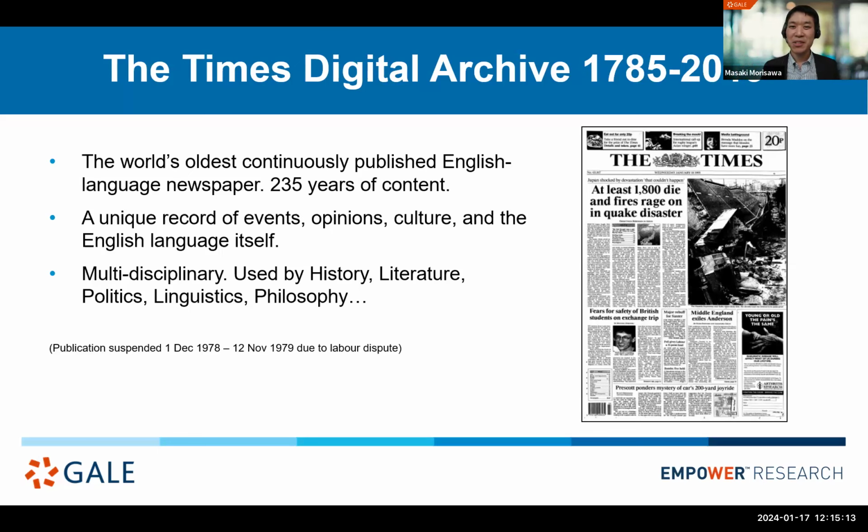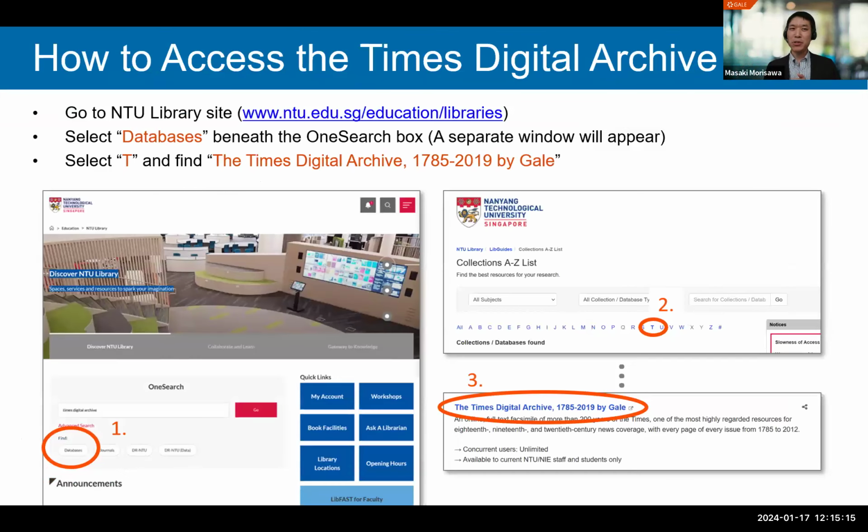Okay, so I will show you how to access the Times Digital Archive from the NTU Library site. So first of all, you go to the NTU Library site. You can do this, or you can just watch me do it, whichever is fine with you. And then there are several ways to get to the Times. I found the easiest way seems to be you click on the menu that says databases beneath this search box.